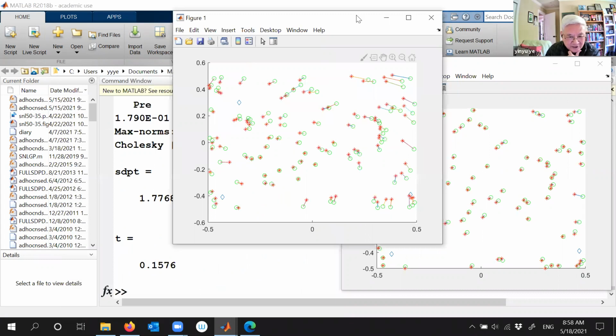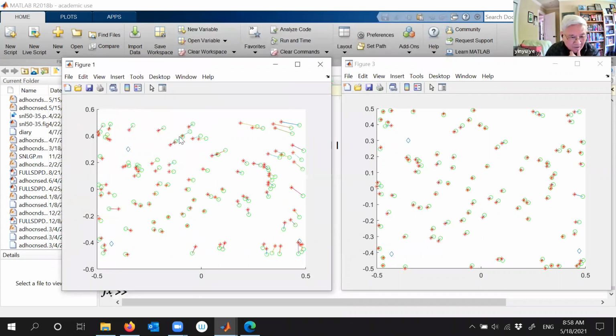This is the picture before, right after SDP relaxation without any rank constraints. We use this as a starting solution, and then do this projected gradient and minimize, trying to get the best low rank solution.